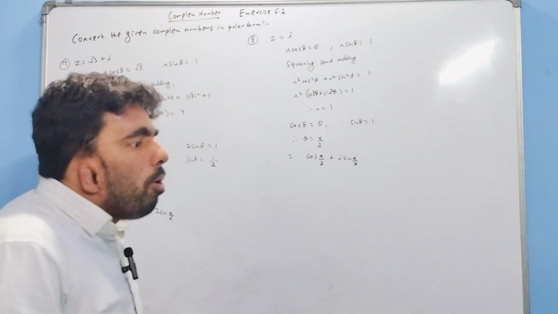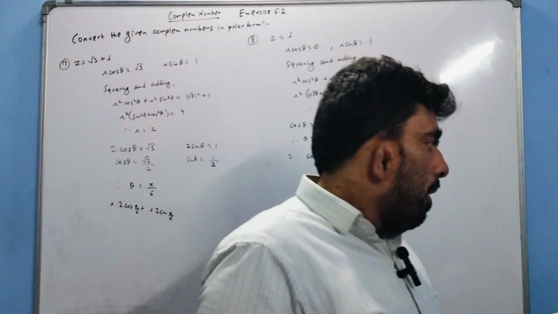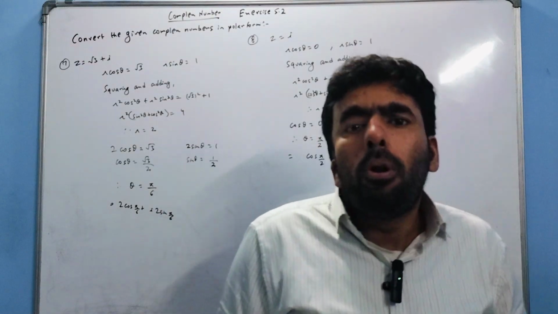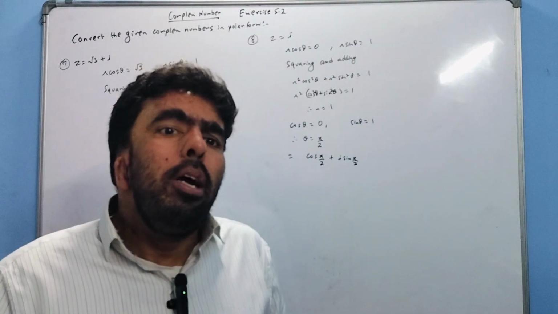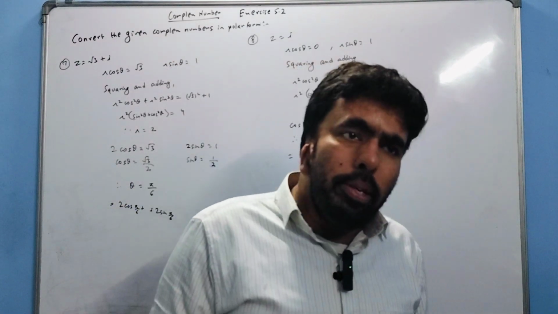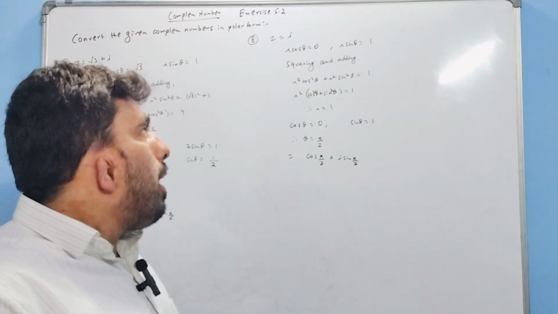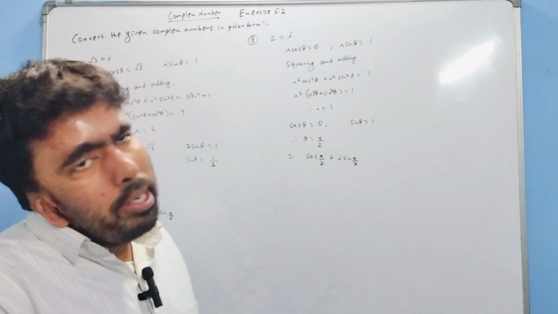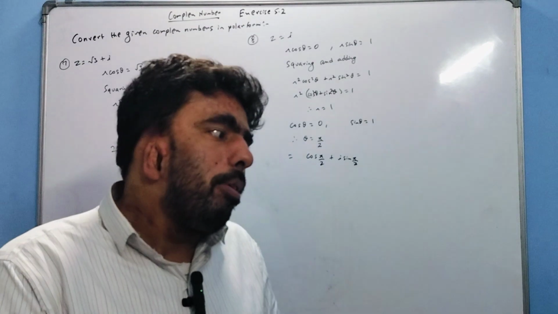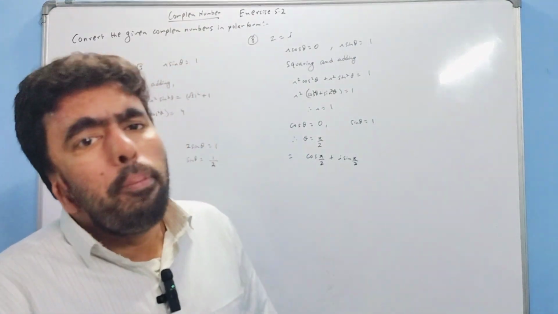So this is how we can convert the following complex number into polar form, where we have cos theta with the real part and sin theta with the imaginary part.